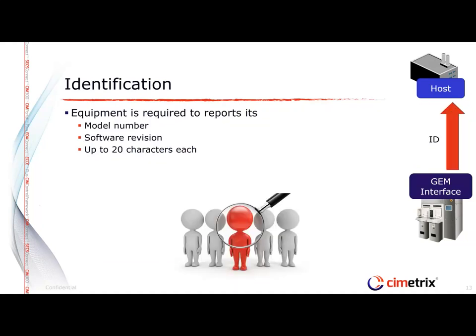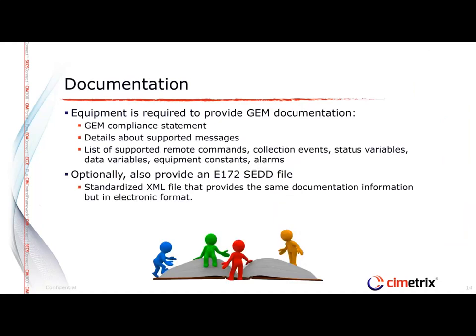GEM also requires equipment identification. The equipment must publish its model number and its software revision. And there's a few different messages that include that. GEM requires documentation so that the factory knows how GEM has been implemented and what features are in the equipment's GEM interface.